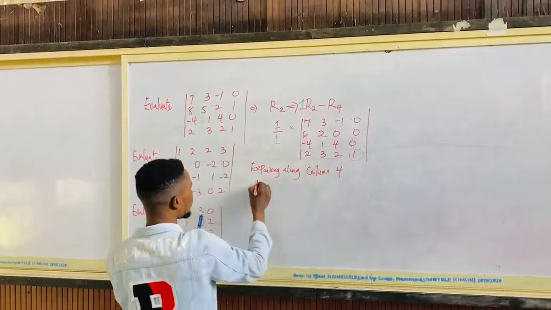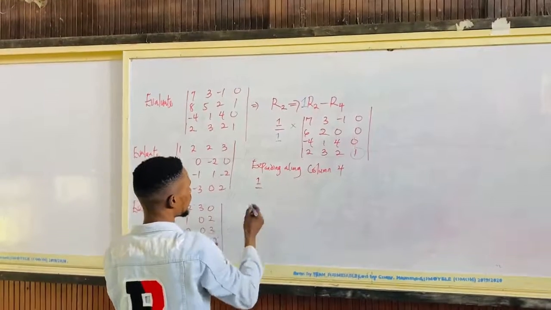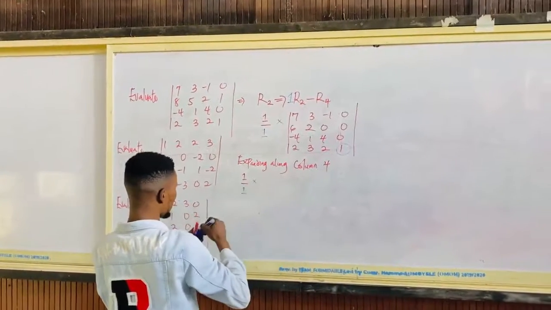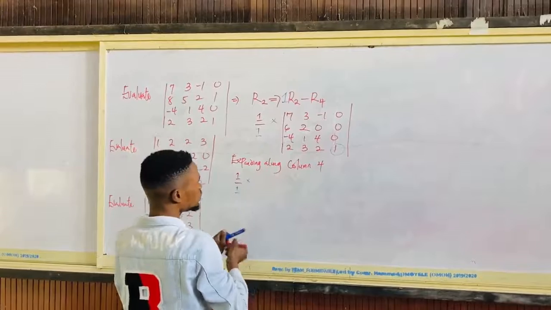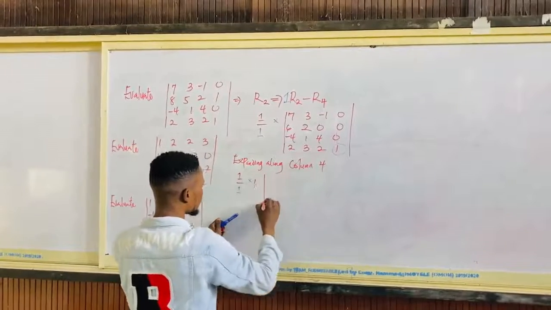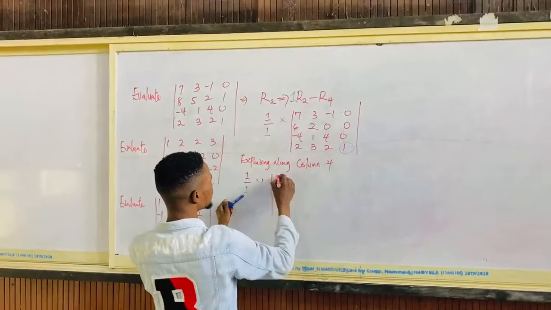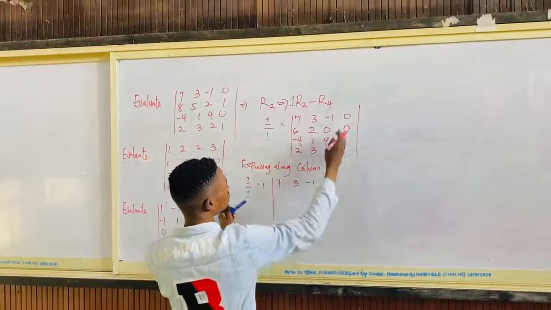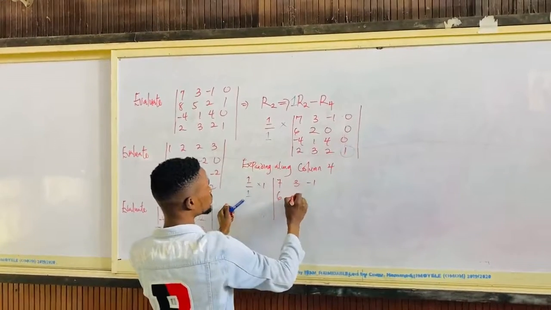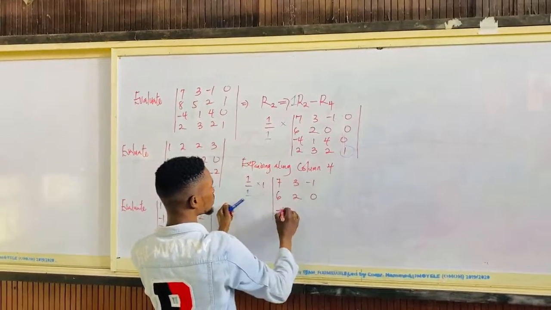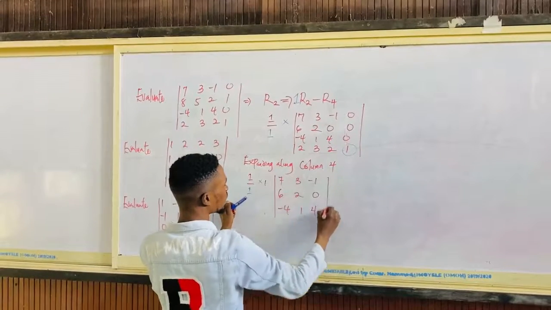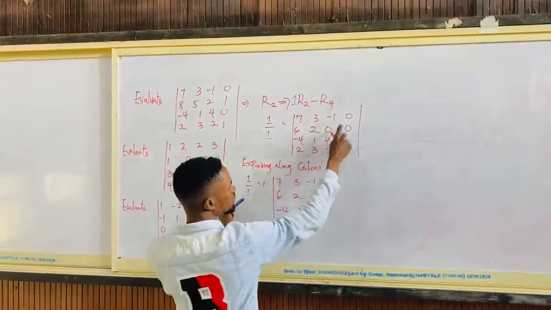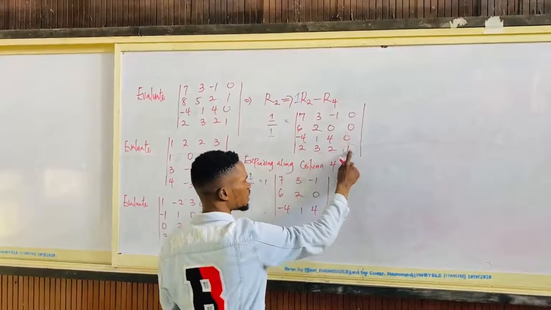So that's 1 over 1 times this 1. Then you write 7, 3, minus 1, 0 away. 6, 2, 0, minus 4, 1, and 4. Neglect this, and multiply by 1.